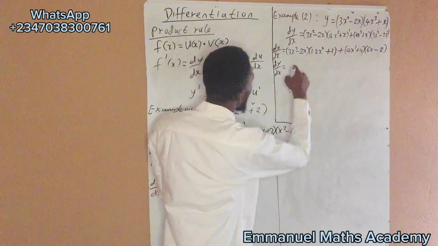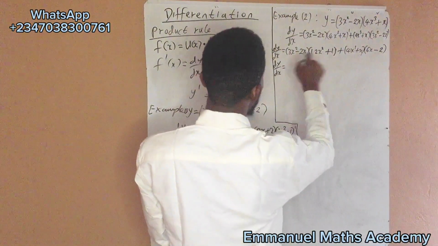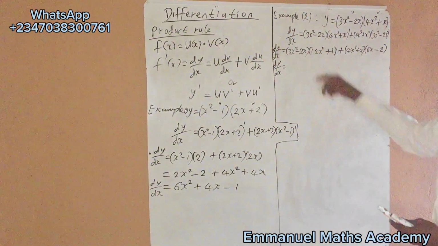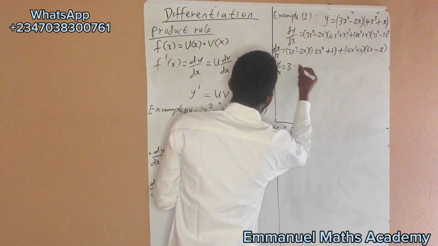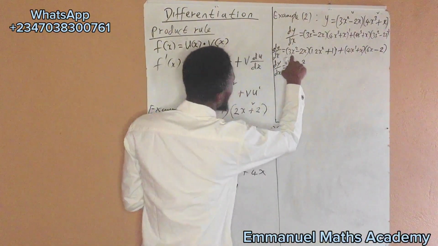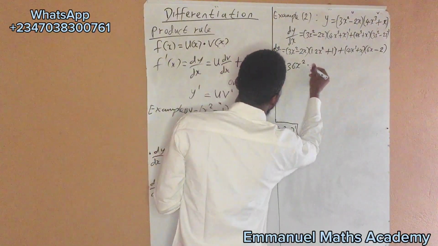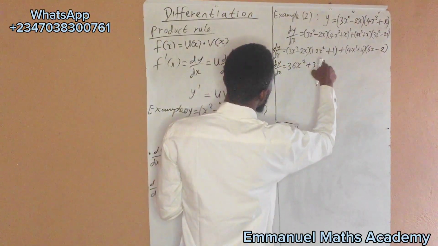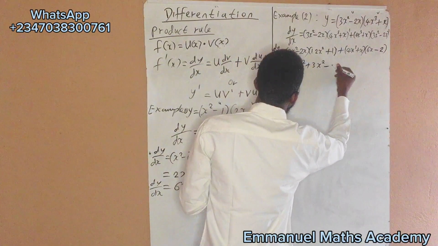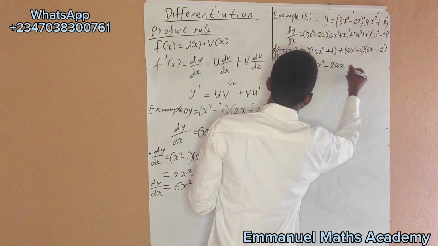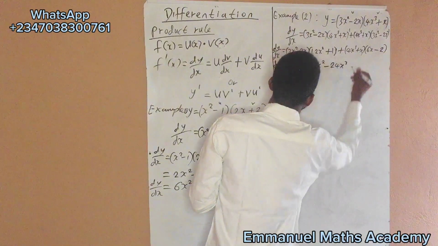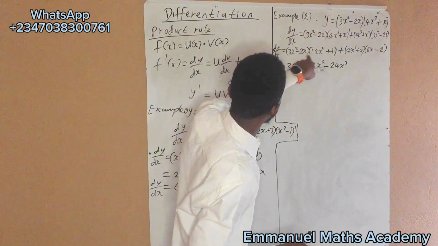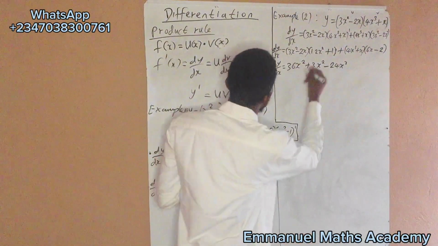Now look at this, let's do it together. If you multiply this by this, 12, 24, 36, right? 36x square. Sorry, we have 2 power here, this should be x raised to power 4.